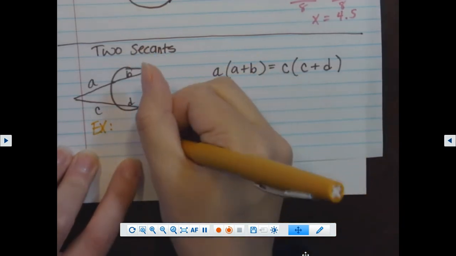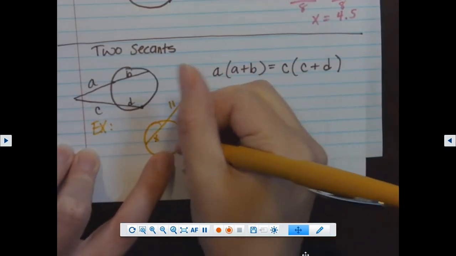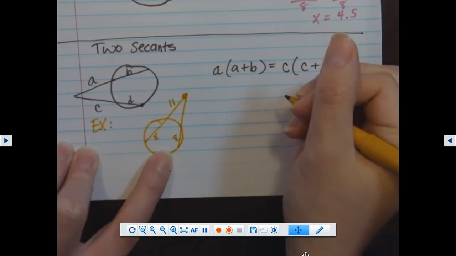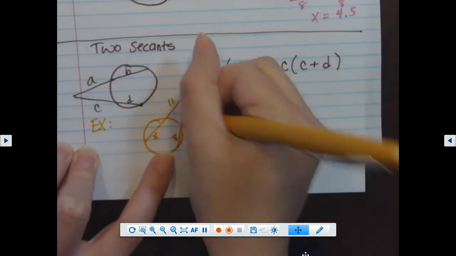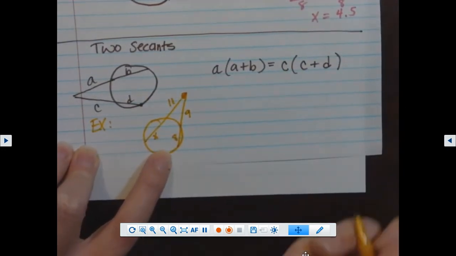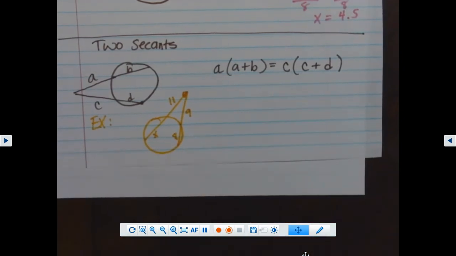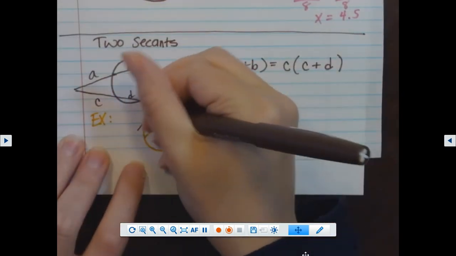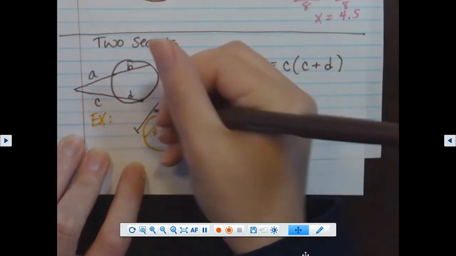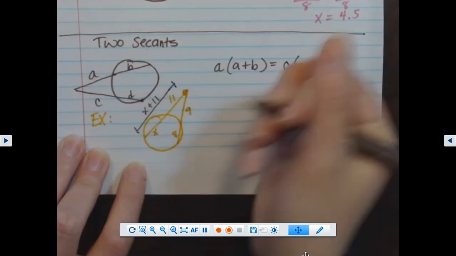The inside part is going to be x. Inside part here is 8. And then the outside part is 9. We're going to add them if you can. X and 11 can't add, so you're going to have it be x plus 11.